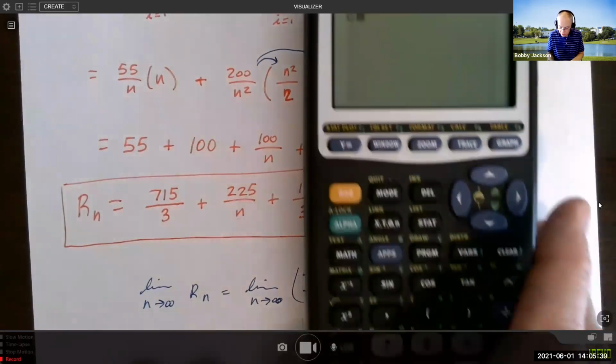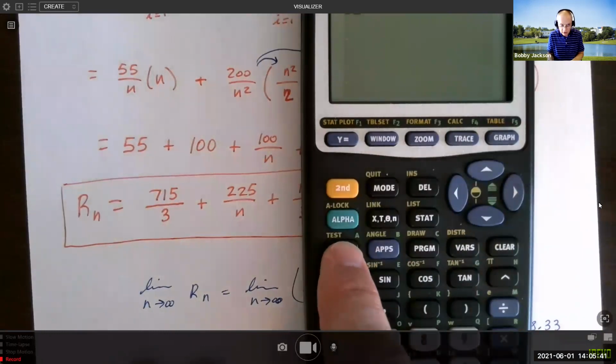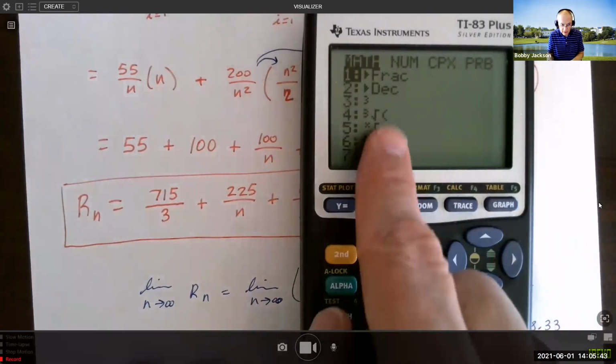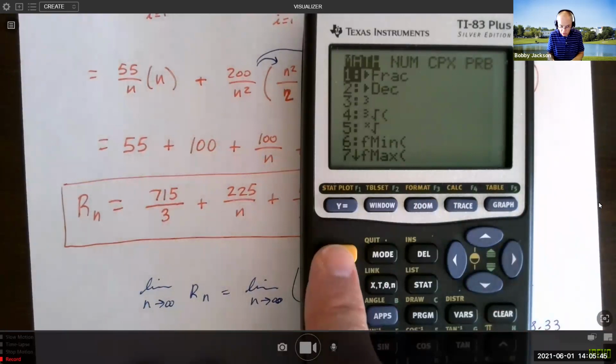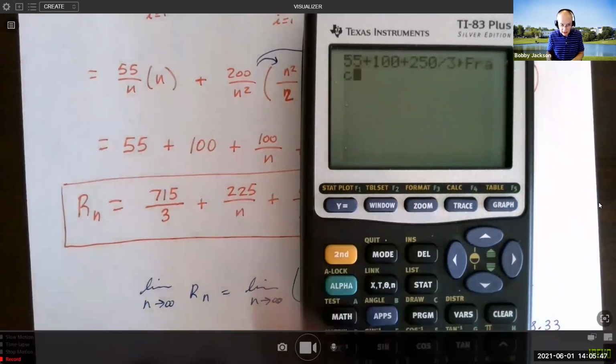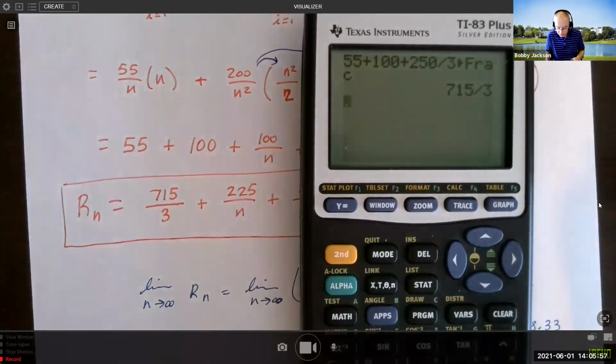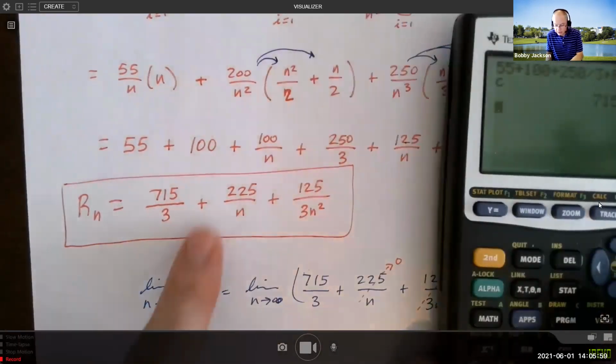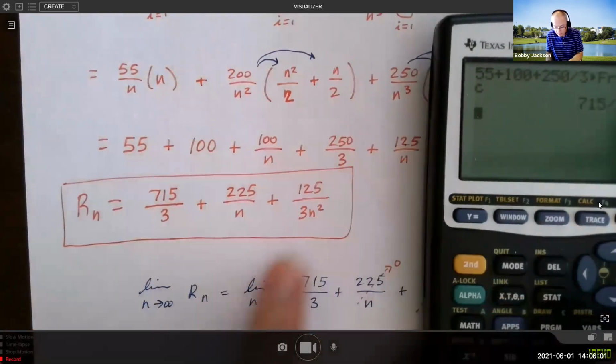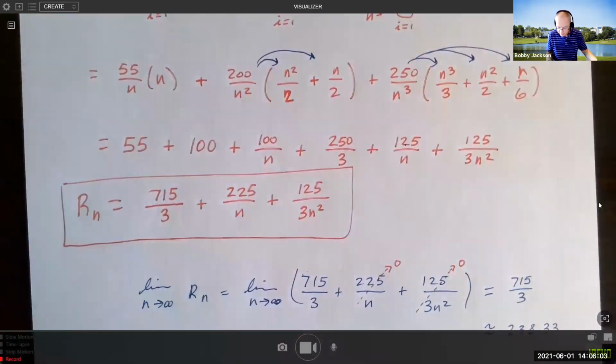I don't know if you know, under the math button, you've got this convert to fraction command. So you can use that command, and voila, it does all the work for you. I don't expect everyone to be able to add fractions by finding the common denominator, which is of course just 3 here, but add those up. At any rate, you get 715 thirds for that.